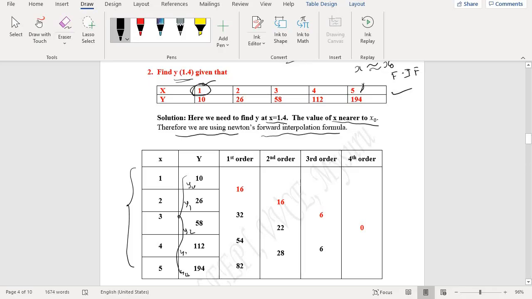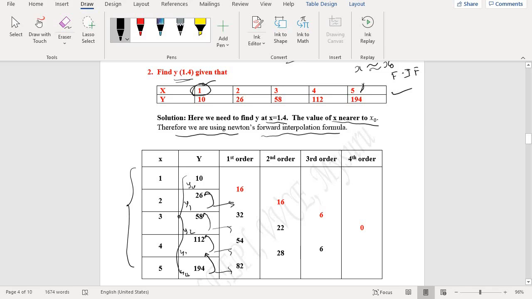That is y1 minus y0 gives 16. Similarly, y2 minus y1 gives 32. And then the difference of 112 minus 58 gives 54. Then the difference of 194 minus 112 gives 82. So this completes the first order.